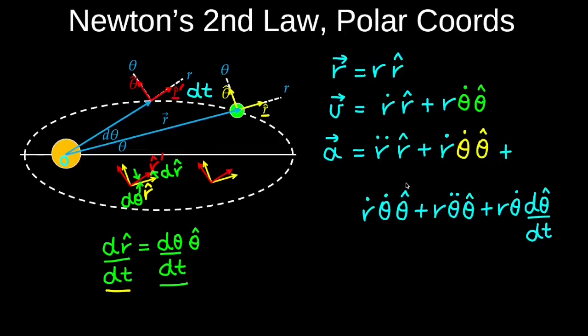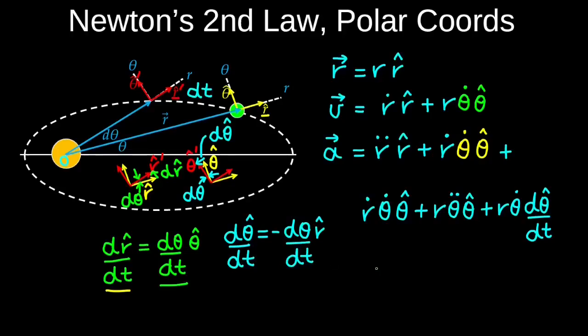And d theta dt can be obtained in a similar way. And now substituting for this derivative, and now we can group the terms in the radial and theta directions.